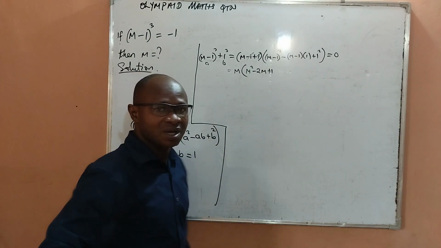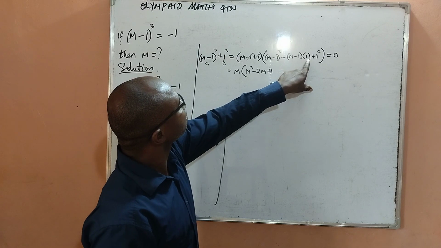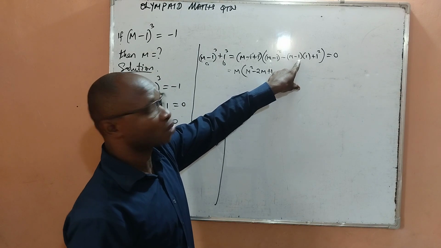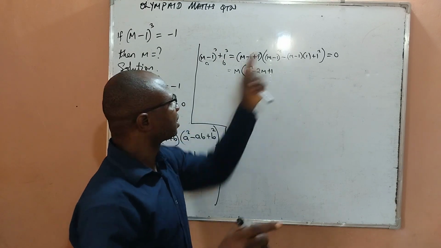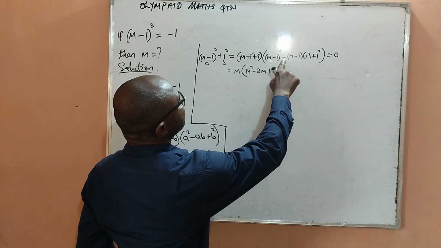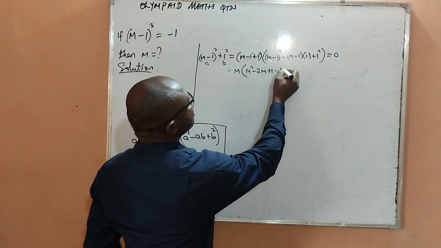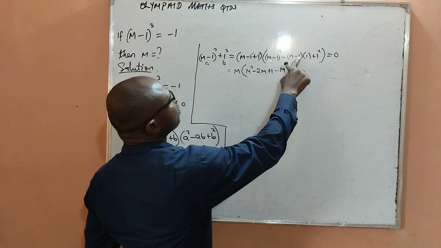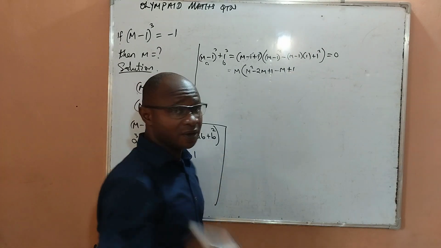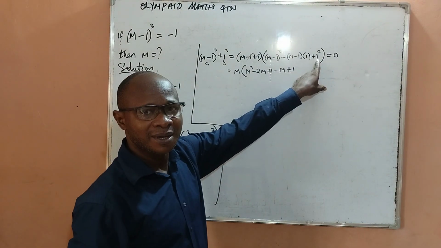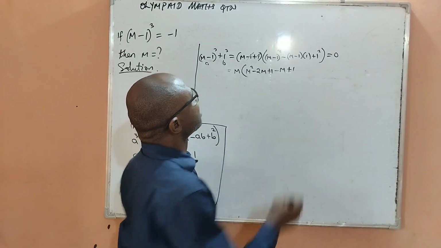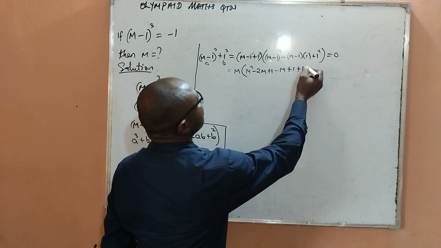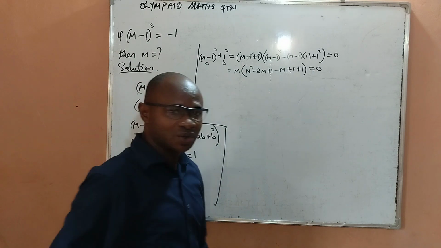Next, 1 multiplied by n minus 1 will still give me n minus 1. Therefore, minus multiplied by n will give me minus n, and minus multiplied by minus 1 will give me plus 1. Also, 1 squared is 1. Everything is equal to 0.